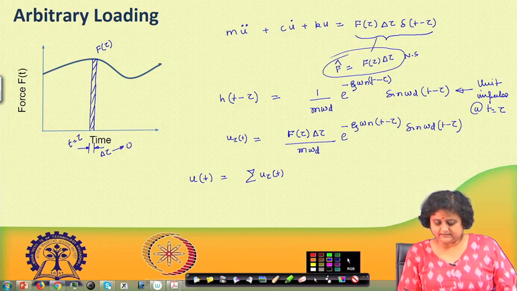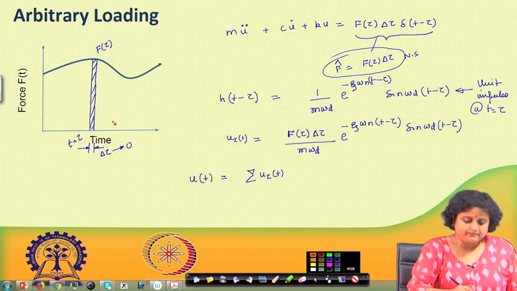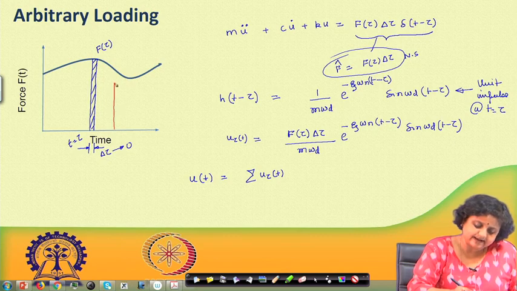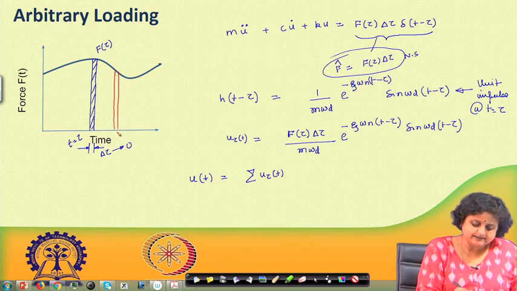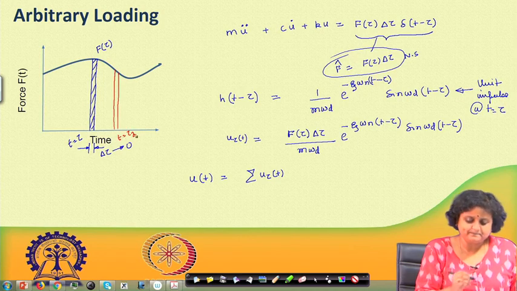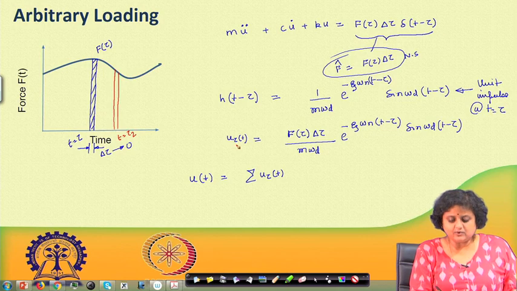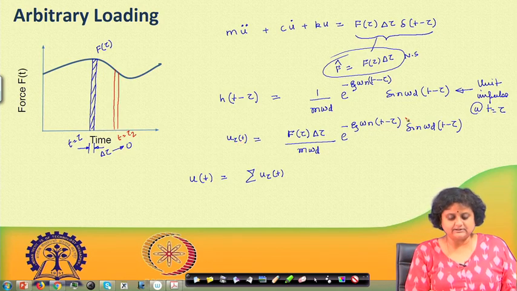Let me explain this in more detail. If I take another slice at some other t equals tau 2, I can find out u tau 2 of t in a similar fashion.